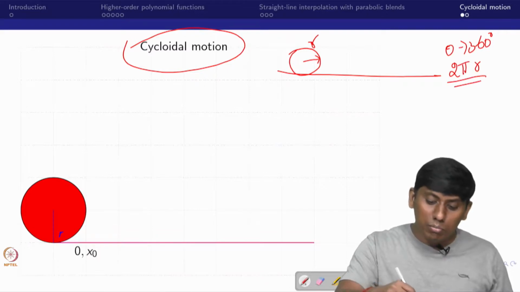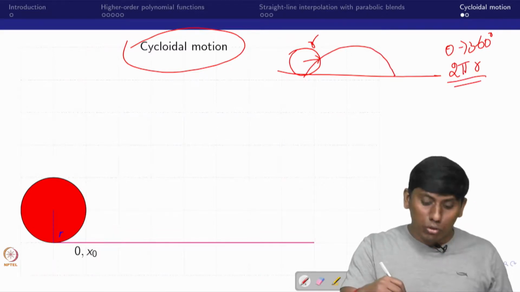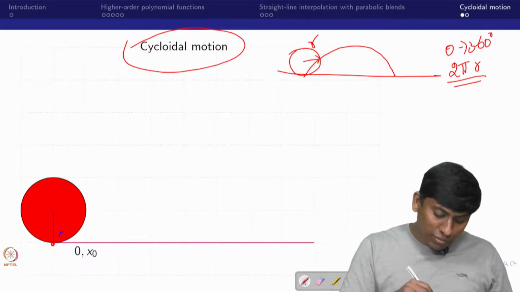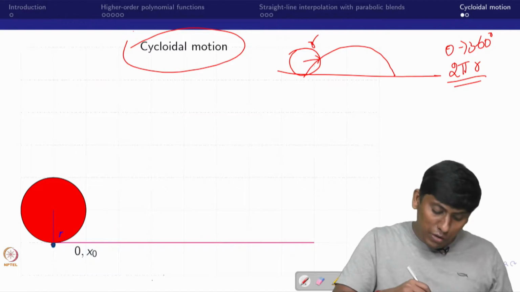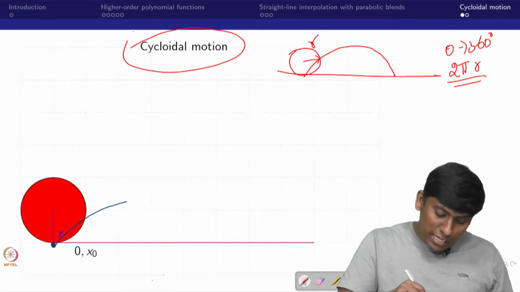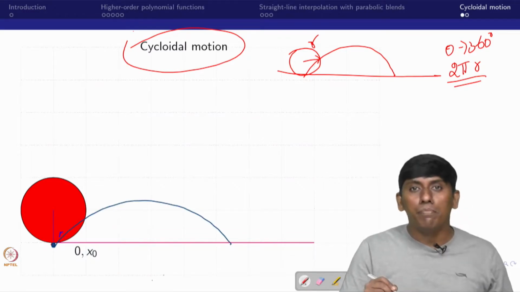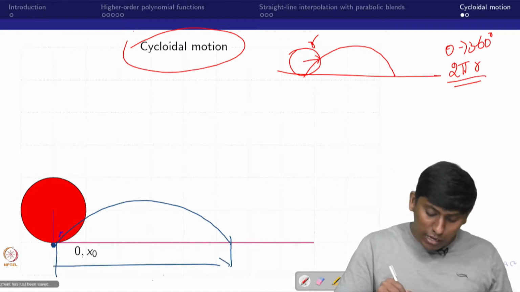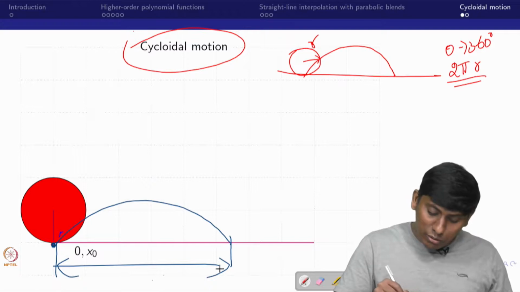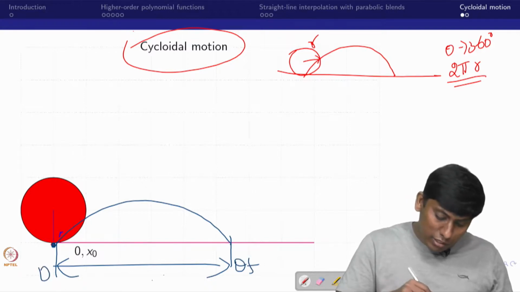Now if I look at this point, how it is followed when this is rolling, that is what gives the cycloidal motion. Now the total distance covered, I assume, is theta f, and this is theta naught.